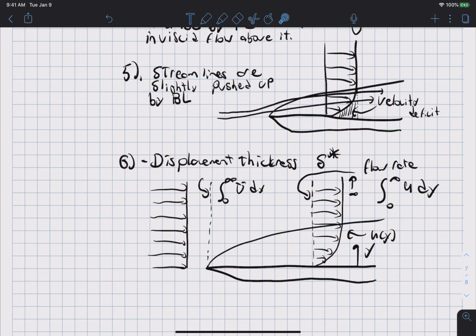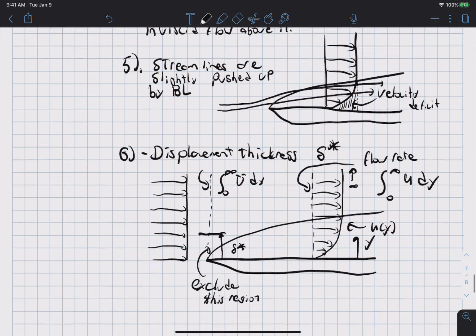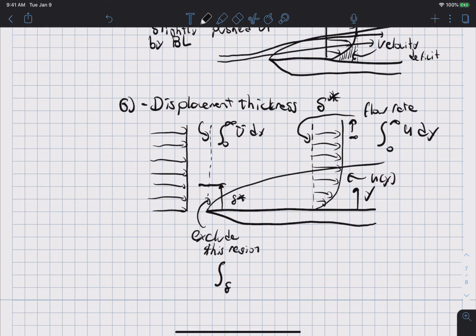Now what the displacement thickness is: if I pick a vertical distance and call it delta star, and instead of integrating from 0 to infinity, I exclude this region here, so I integrate from delta star to infinity of u dy.